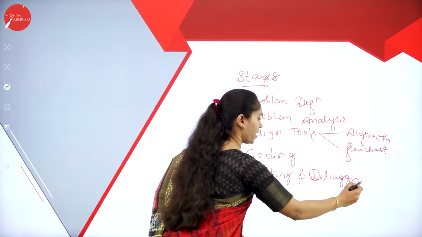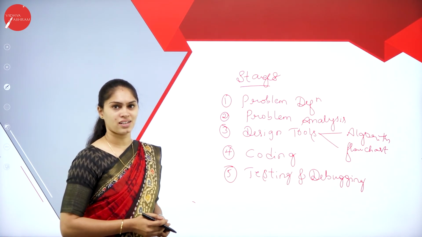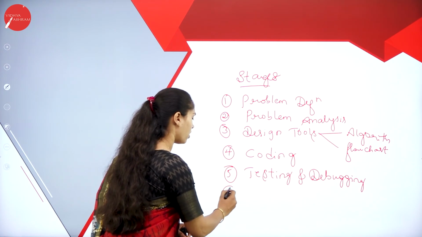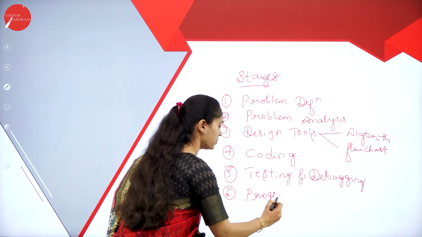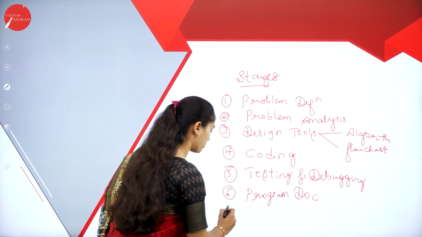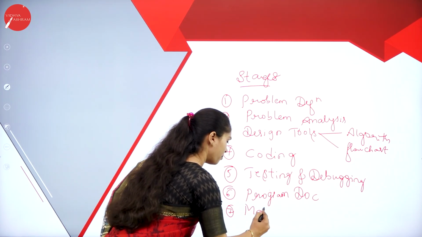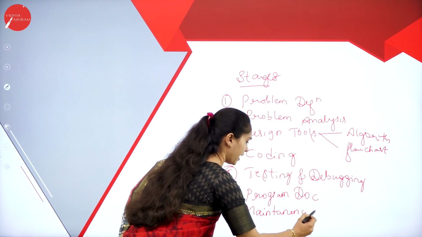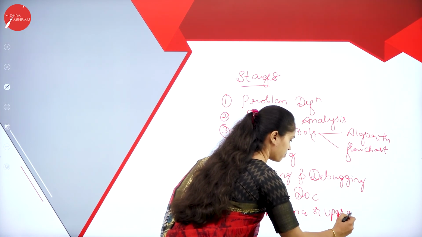Checking and correcting of errors. If any mistakes or bugs occur, that is known as what? Debugging. So when all these things are completed, we have to document it. That is program documentation. Once the program documentation is done, it will be helpful for maintenance, upgradation or modification of a given problem.